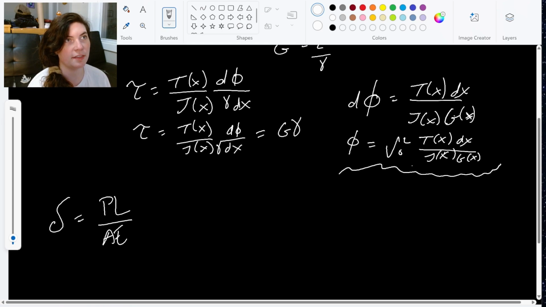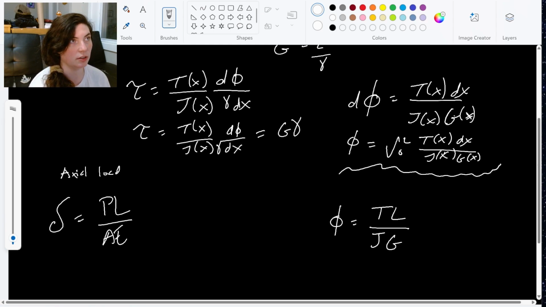So for something that's held constant, our angle of twist, if we have constant torque and a constant cross-sectional area, same shear modulus of elasticity, we would get TL over JG. Torque times length over polar moment of inertia times shear modulus of elasticity. So you can see it looks very similar to our load displacement equation that we had in axial load.